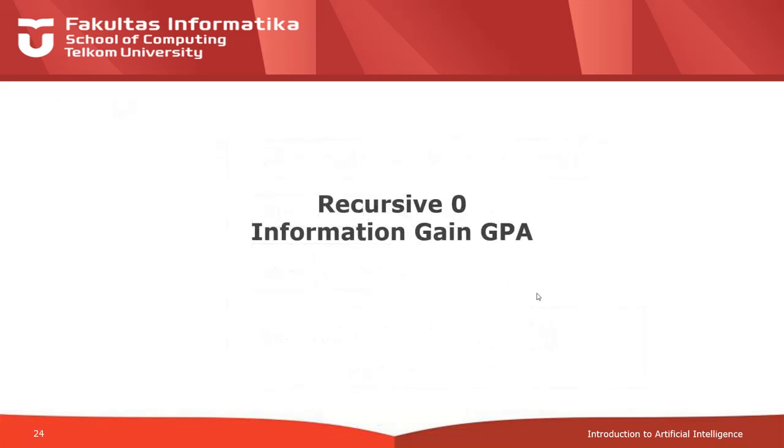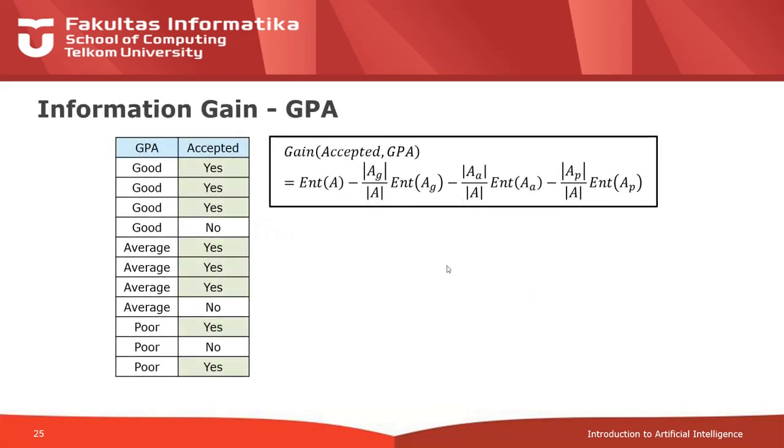Next, we want to know the information gain of the GPA attribute. If you recall, we have 3 attributes, so we will start with GPA first. Now, we want to calculate the gain of the GPA using the accepted one.